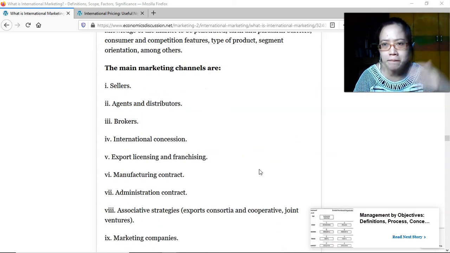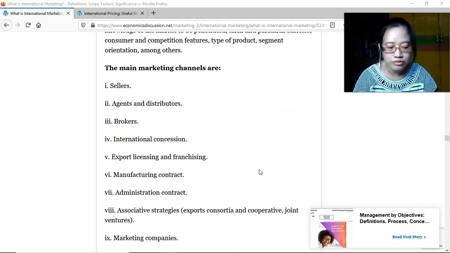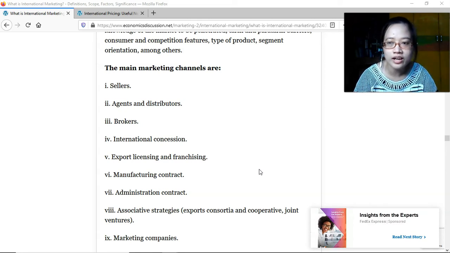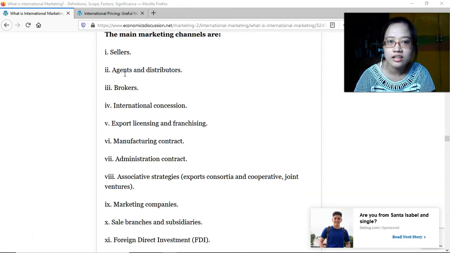So, some aspects of the business could be contracted, or, if they want to do it on their own, then go ahead. But sometimes there are benefits to contracting them from the local businesses, right? Of course, you get your agents or distributors on the local level. You have your brokers.